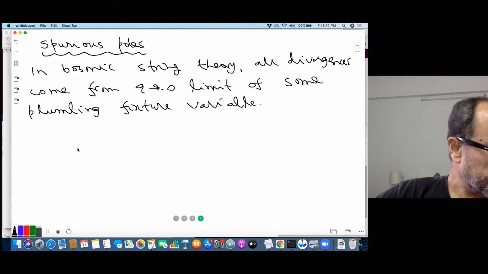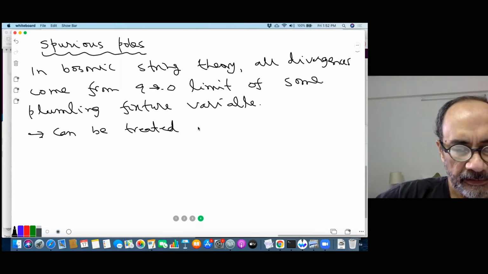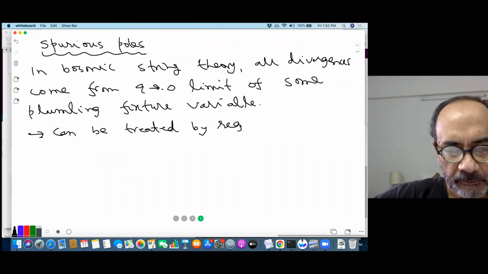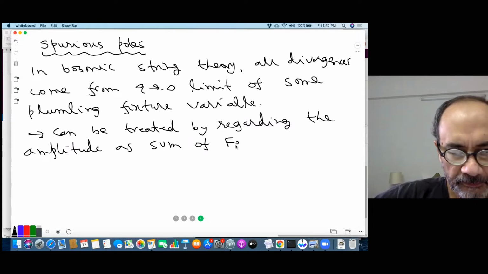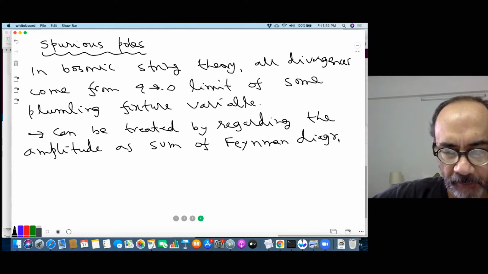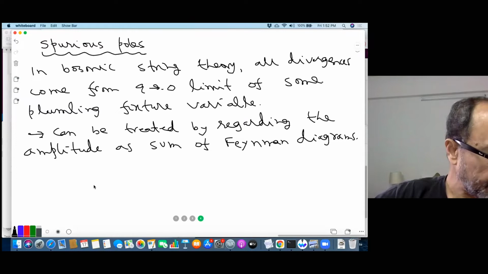So these can be treated via Feynman diagrams by regarding the amplitude, which we have already discussed in detail, as a sum of Feynman diagrams. And these, of course, can also be done for superstrings, as we discussed. So these kinds of divergences we can deal with by regarding the sum of Feynman diagrams.